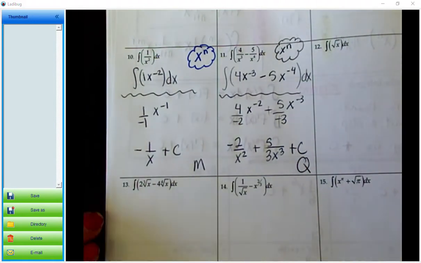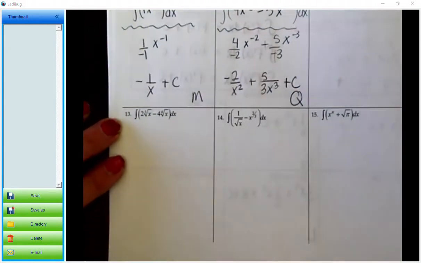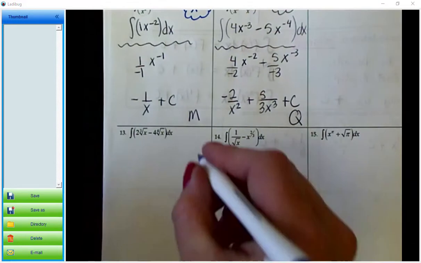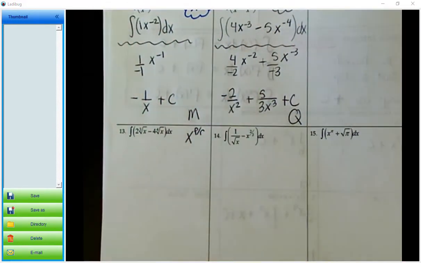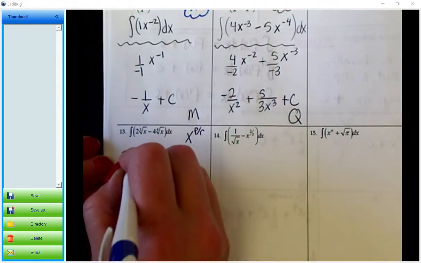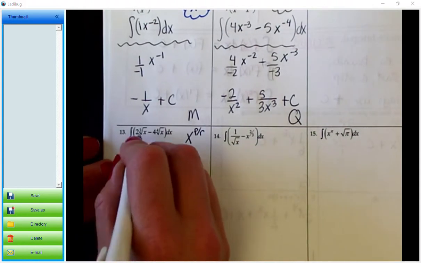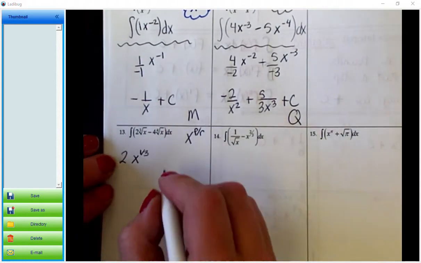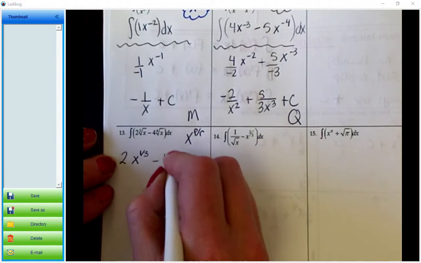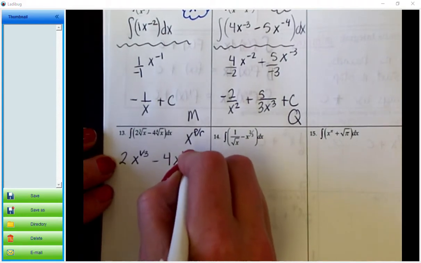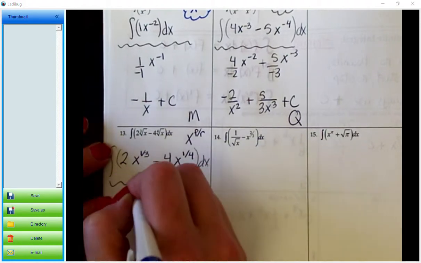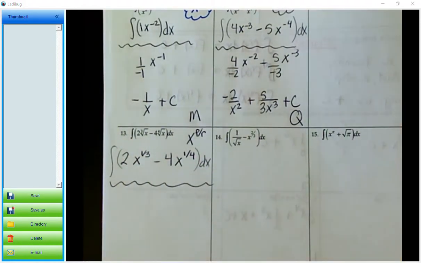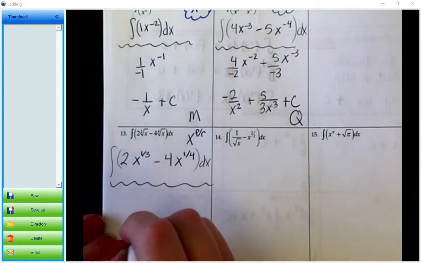All right, let's do 13. Oh, okay. Radical. Power over root. I have to write it in the power format first. 2 x power 1 root 3. Power 1 root 4. Now do the antiderivative. Okay.